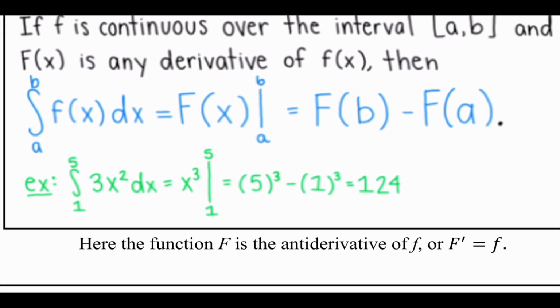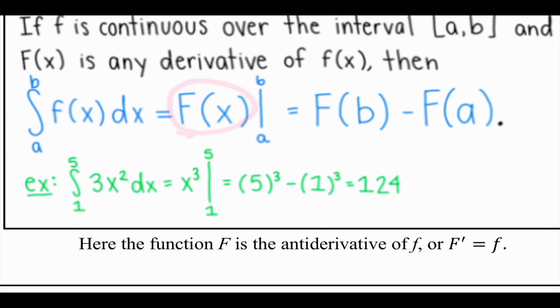I know it's not on your paper, but the fundamental theorem tackles integrals with bounds. We haven't seen bounds in a while, but the fundamental theorem talks about bounds. So if you have a bound from a to b of a function, you're going to find the antiderivative of that function, just like we've been doing.